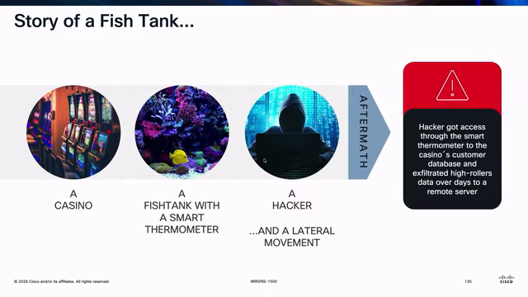And long story short, this person managed to export very valuable data from the data center of the casino to external servers, and exploit the casino's highly valuable customer list. It cost the casino millions, but how it happened was because the IoT endpoint was not secured. That's the first thing, and the other thing, it allowed establishing a remote connection to the data center part of the network of the casino.